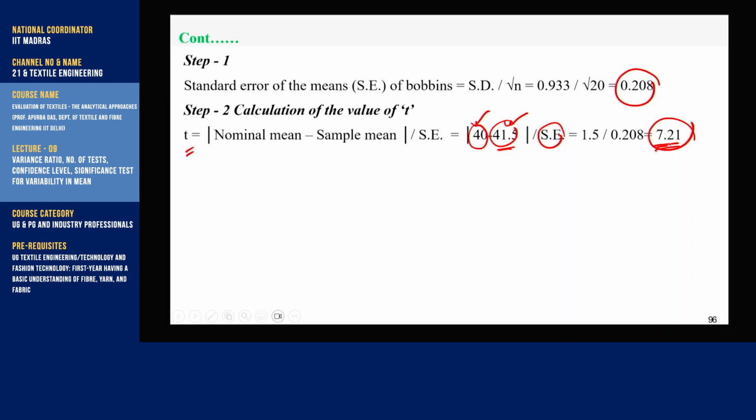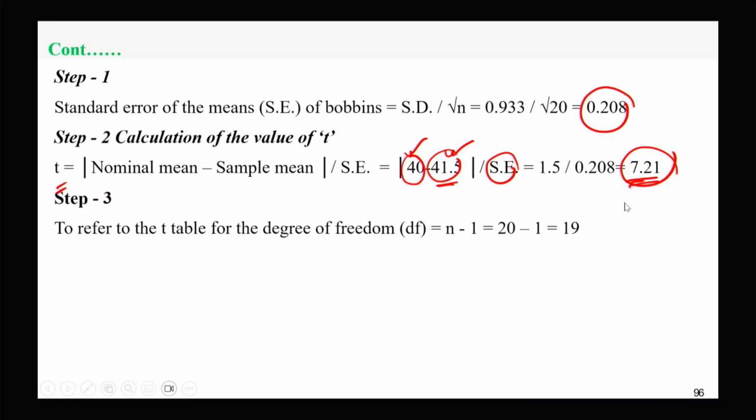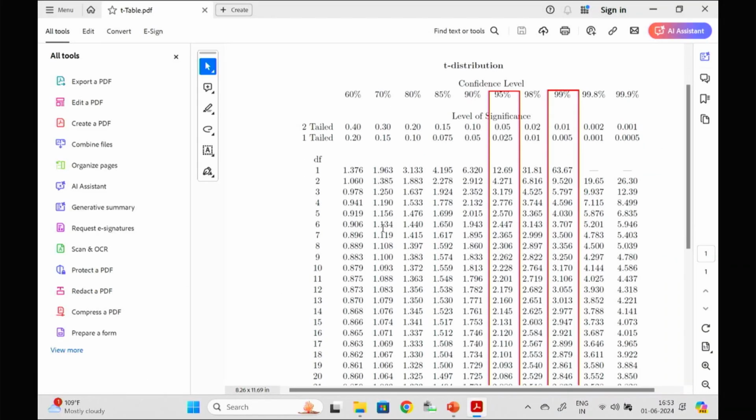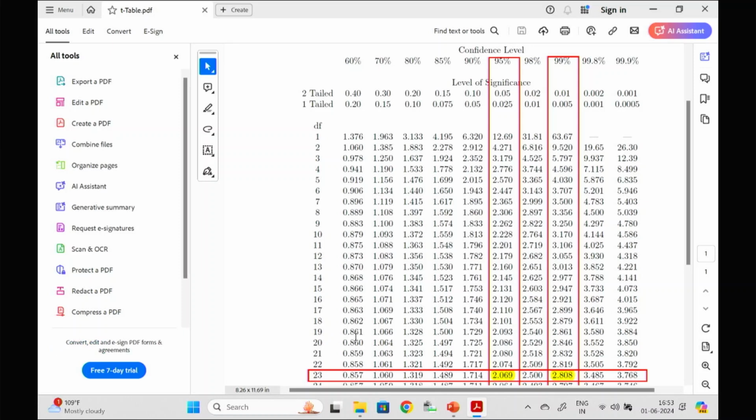Here we can conclude that with n as 20, 19 is the degree of freedom, and when we compare this value with the table value, at 19 it's 2.093 and 2.86.